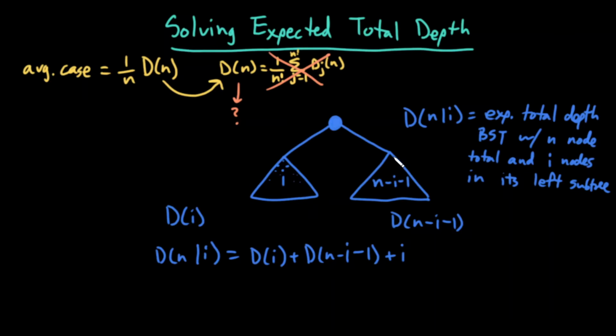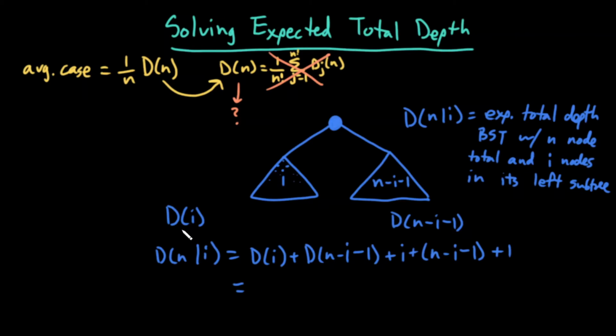Similarly, each of the n minus I minus 1 nodes in this subtree now has 1 larger depth. For each of these nodes, I've increased my total depth by 1, so I increased my total depth by n minus I minus 1 in total. Plus, my root has a depth of 1.